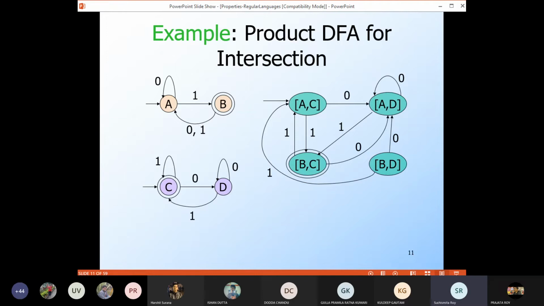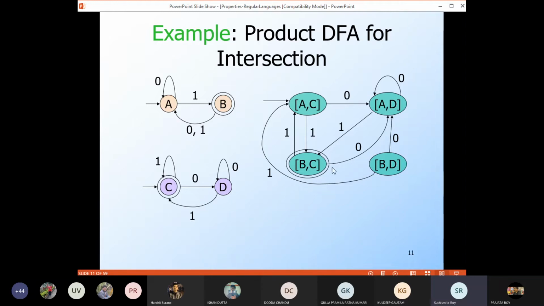So please note that if any of these DFAs have more than one final state, you can have more than one final state in the product automaton also. This is a simple example where both given automatons have one final state each, and the product automaton therefore has just one final state, that is BC. B here from the one on top and C here from the one at the bottom.